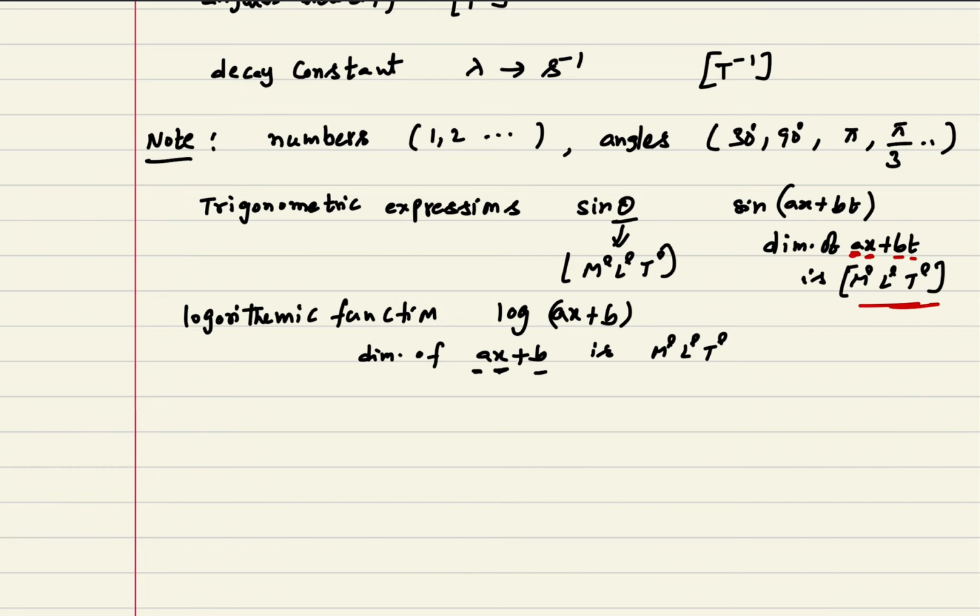Separately a may have dimensions, separately x may have dimensions, separately b may have dimensions, but the ax term will not have any dimension. Similarly the b term, m0 l0 t0, we will see later. In this case ax is dimensionless, b is dimensionless, but a will have dimension, x will have dimension.